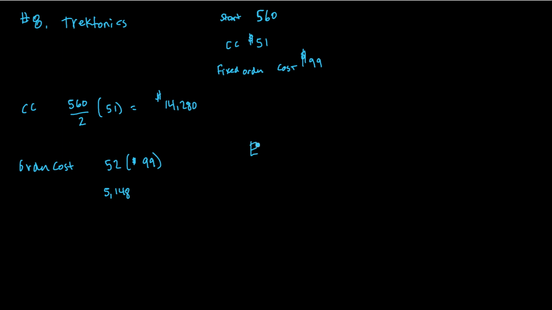Now, we need to use the economic order quantity, the EOQ, okay? So we take 2T times F divided by our carrying cost, all raised to the 1/2 power.